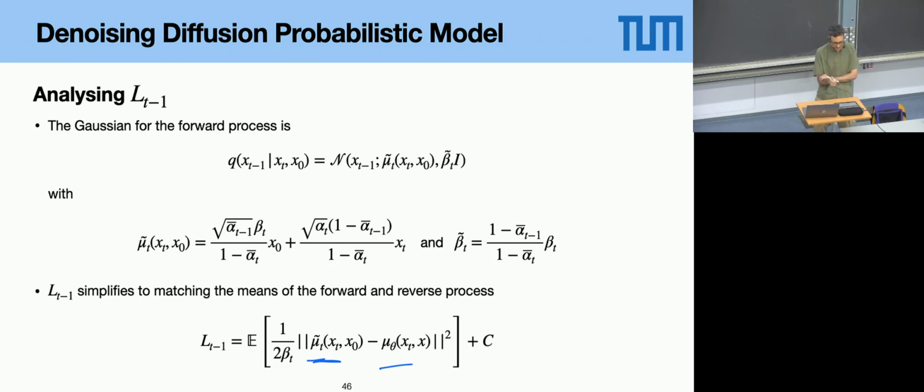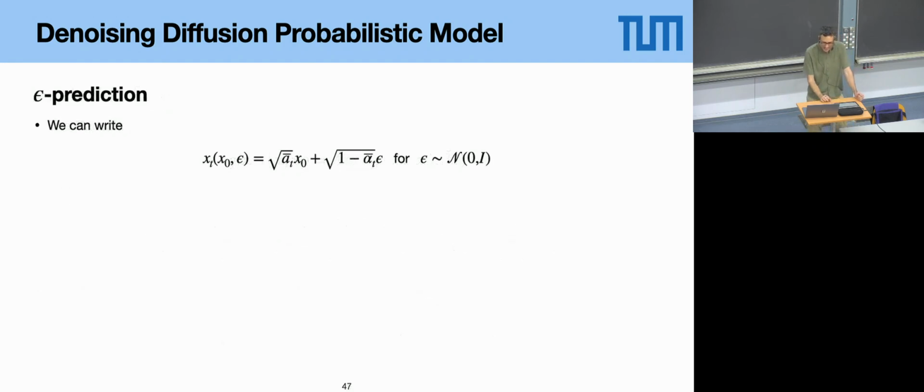Now, this is still somewhat abstract. How does this actually look in a real algorithm? If we rewrite that a bit, you get what's commonly called the epsilon prediction, the epsilon denoting the noise in practice.